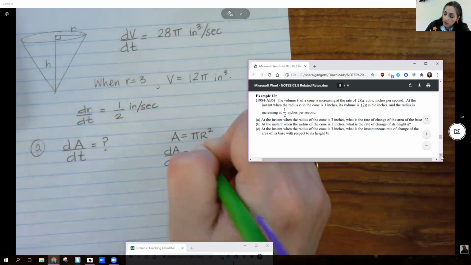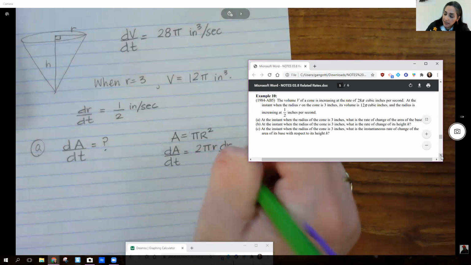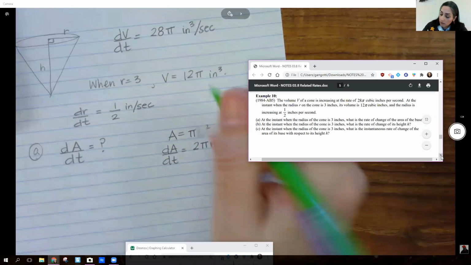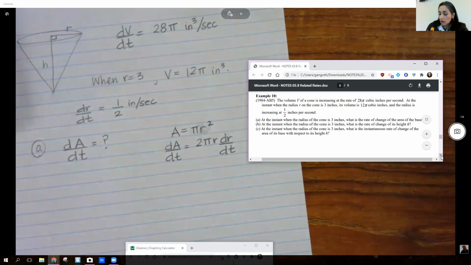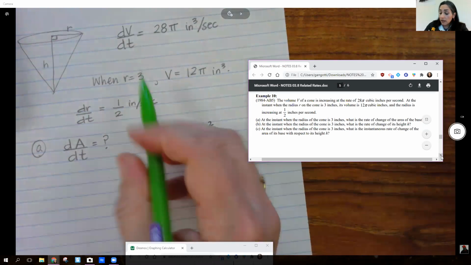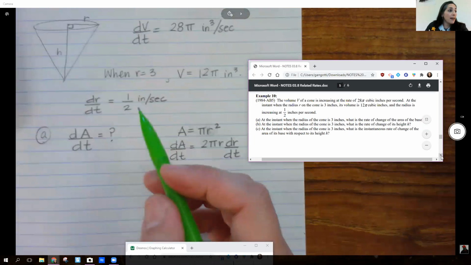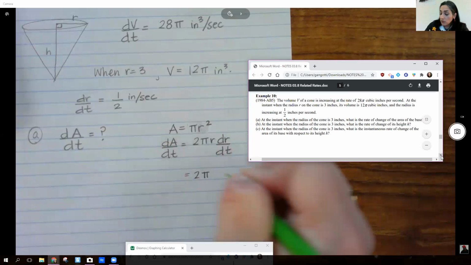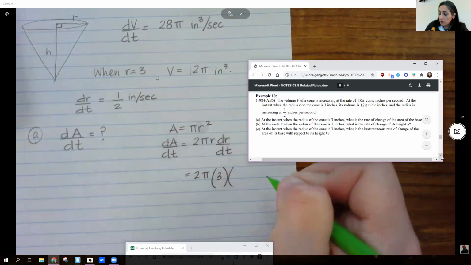Bring the 2 out in the front: 2 pi r dr/dt. I know that r is 3. I know dr/dt is 1/2. So I can just plug all that in. So 2 times pi times 3 times 1/2.